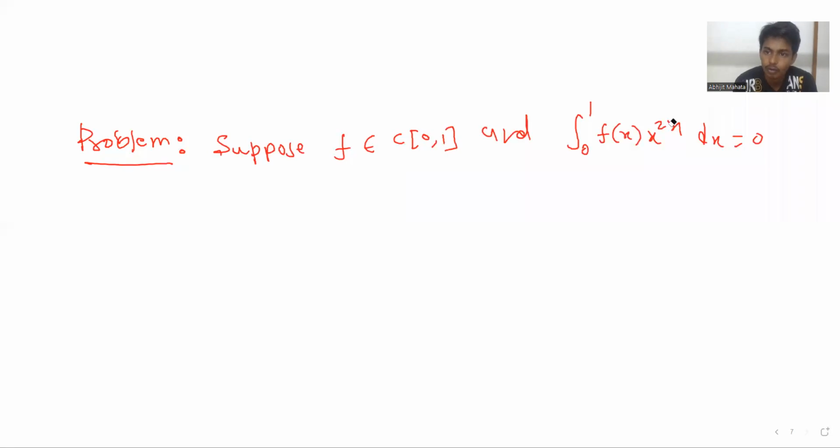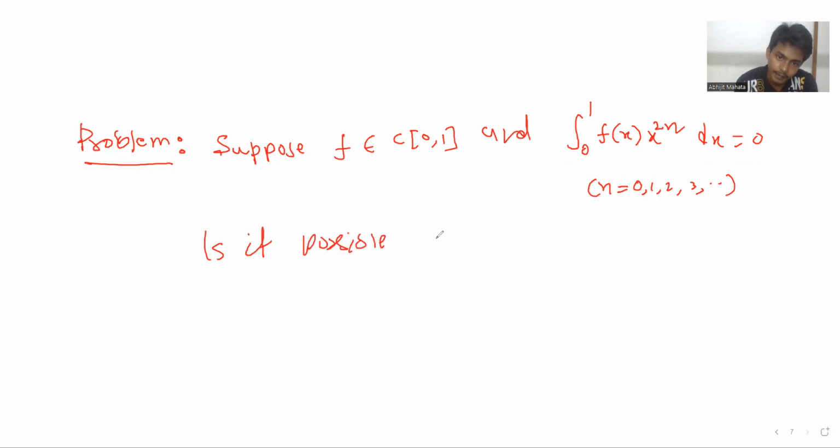Instead of taking it for all n, we are taking only even powers 2n, where n equals 0, 1, 2, 3, and so on. Is it possible that f equals 0 on 0 1?